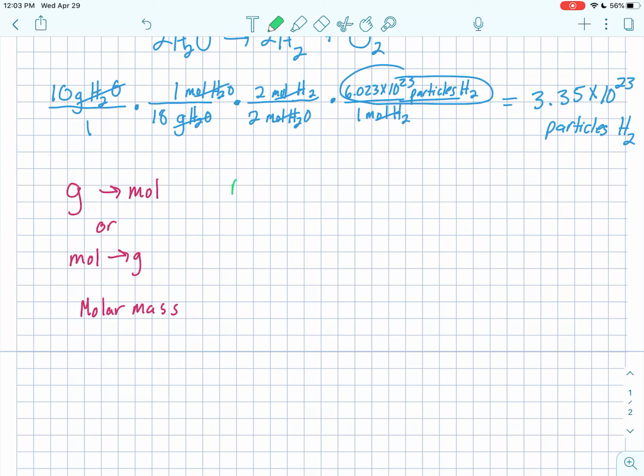When you are going from moles of substance X to moles of substance Y, or moles of substance Y to moles of substance X, here you're going to use your moles from the balanced equation.